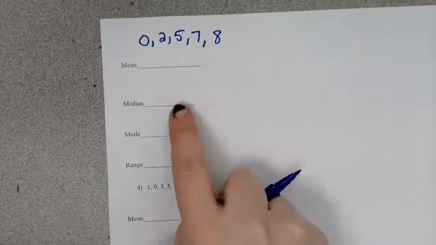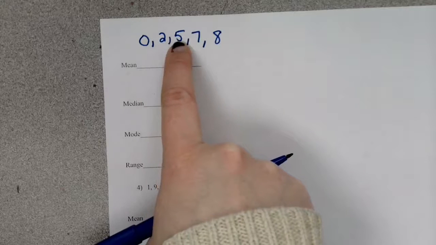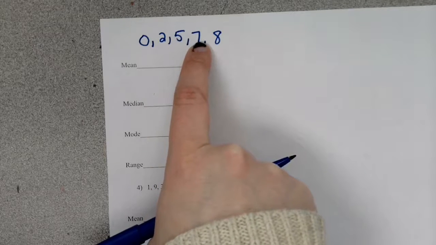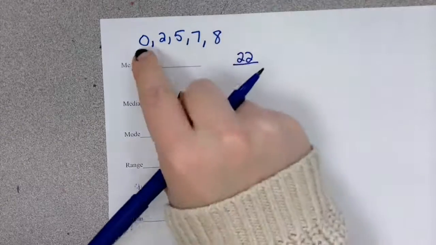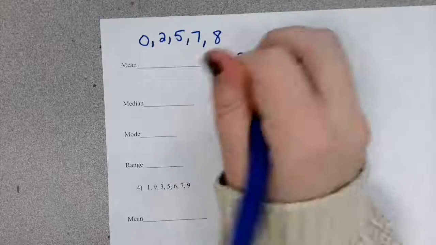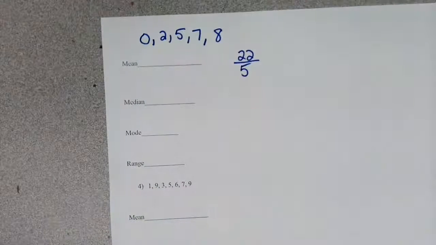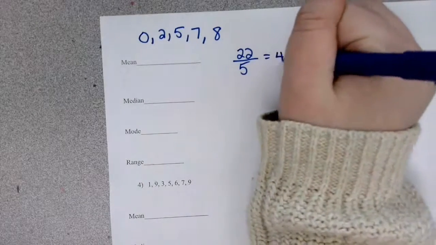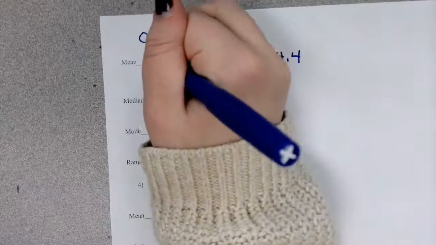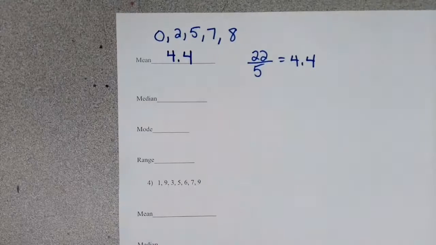Okay, so our mean, we add them all up. 0 plus 2 is 2, plus 5 is 7, 14, 22. Divided by the total number. There's 5 of them. 1, 2, 3, 4, 5. 22 divided by 5 is 4.4. So my mean or my average is 4.4.